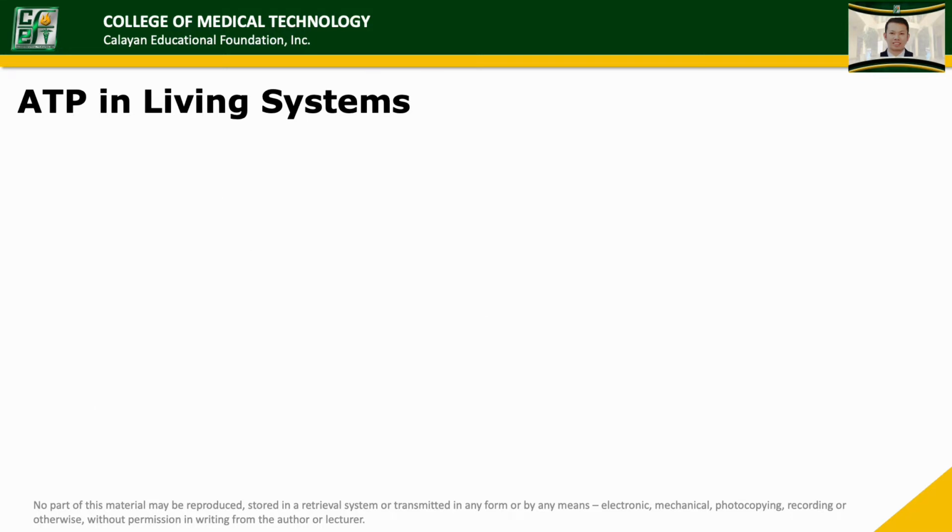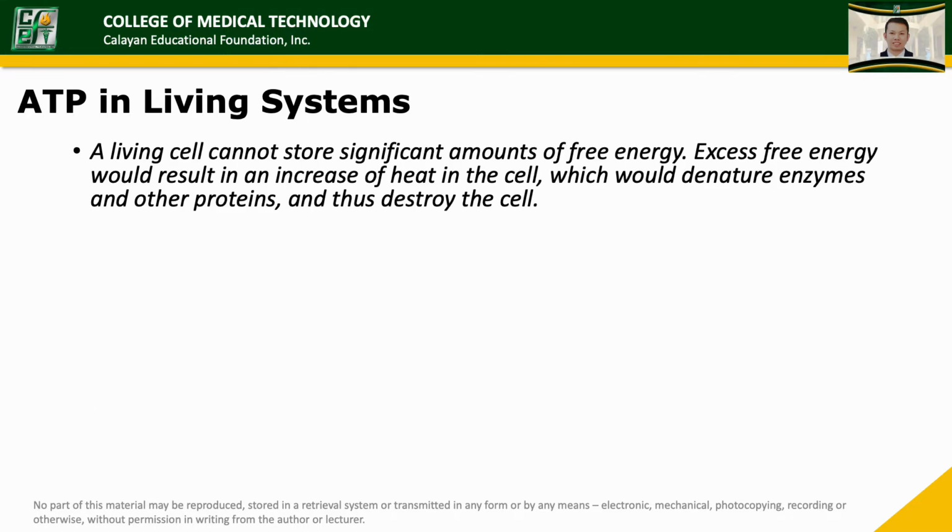Let us talk about ATP in living systems. A living cell cannot store significant amounts of free energy. Excess free energy would result in an increase of heat in the cell, which would denature enzymes and other proteins and thus destroy the cell.